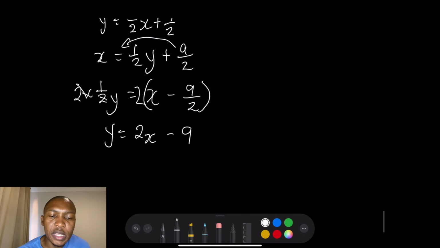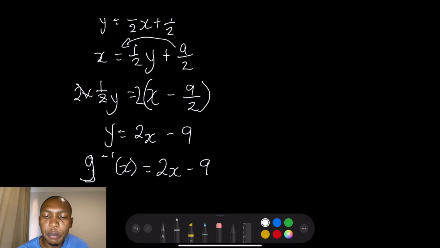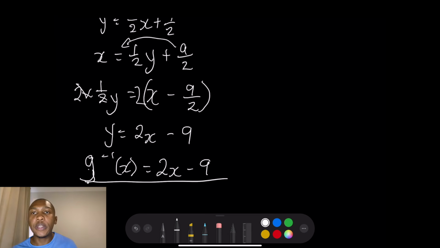So this is g, rather. The inverse of g, because that's what they asked for, will be equal to 2x minus 9. And that's the equation.